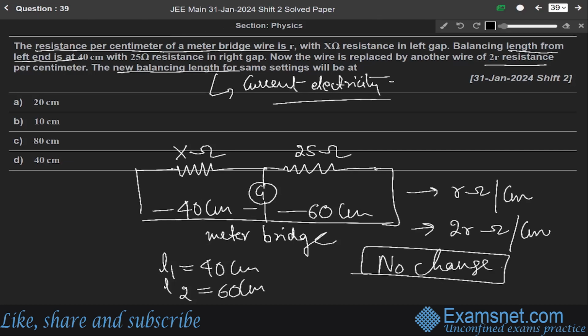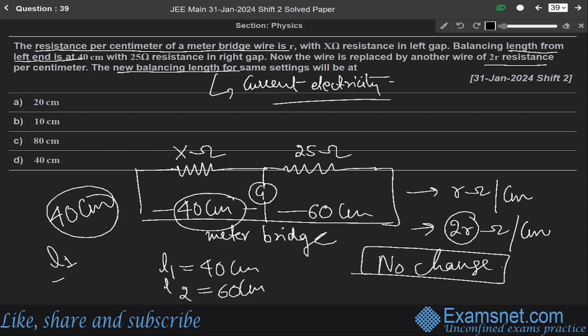At first the balancing length is 40 centimeter. So if we replace R by 2R ohm per centimeter, at that time the balancing length will be the same, means it will be 40 centimeter only, since the balancing length depends on the ratio of L1 by L2, not on these resistances. So there will be no change. If it is 40 centimeter earlier, now also it will be 40 centimeter only.